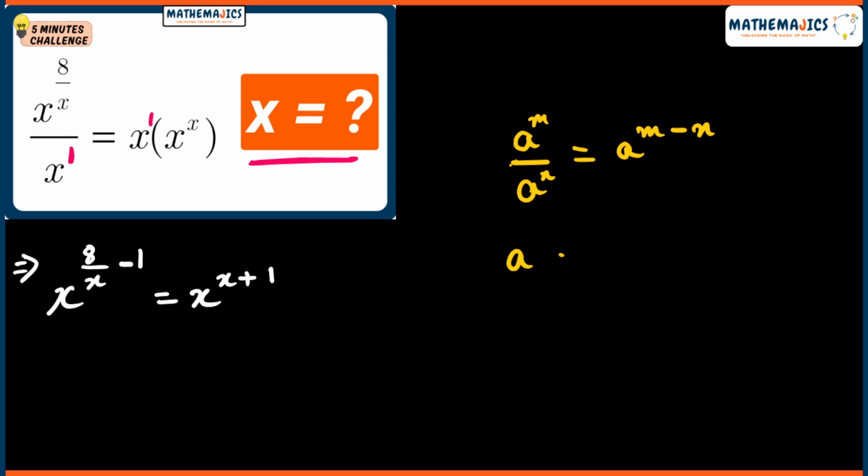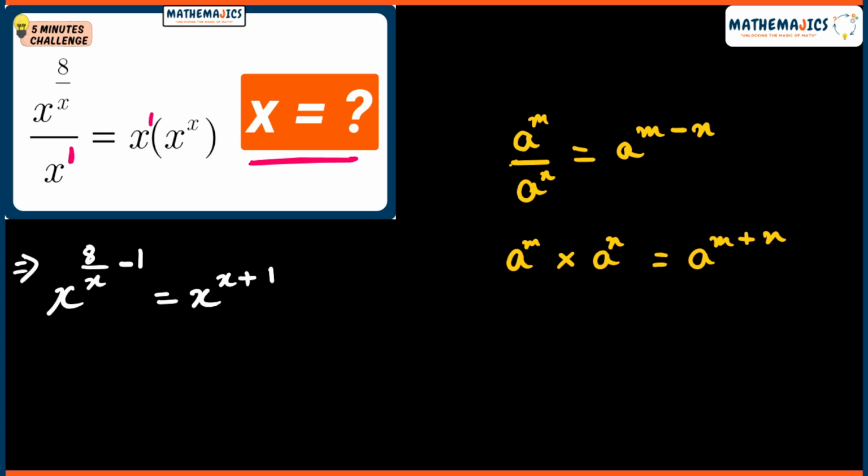Similarly, if there are two numbers that are getting multiplied and they have different powers, m and n, the base numbers are the same, in that case, the powers are added. So this is the rule that I used for the left hand side and the right hand side.